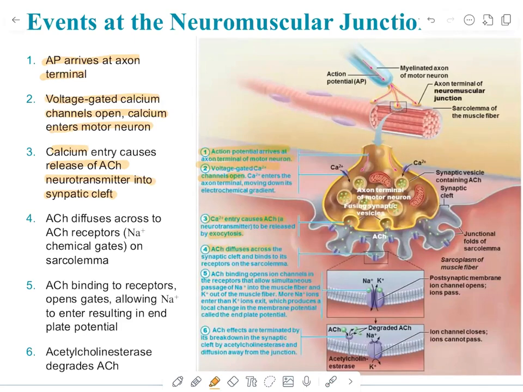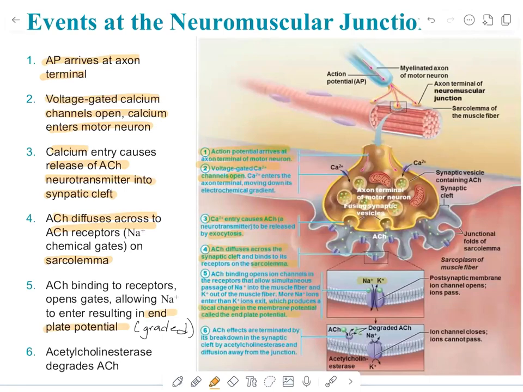The acetylcholine diffuses across the synaptic cleft, binding to the gates on the sarcolemma, and that causes sodium to go in and potassium to go out, which is a local potential called a graded potential. So it has the end plate potential, which again is this graded potential, but the graded potential leads to an action potential, which starts to travel down the sarcolemma into the T tubule.